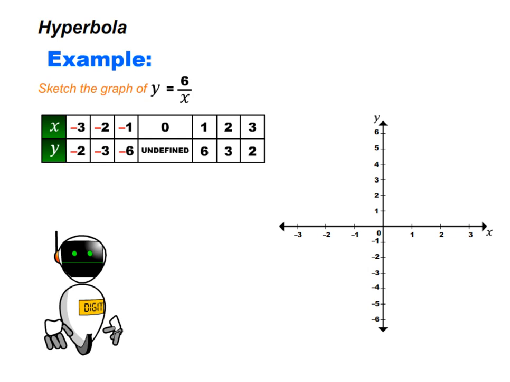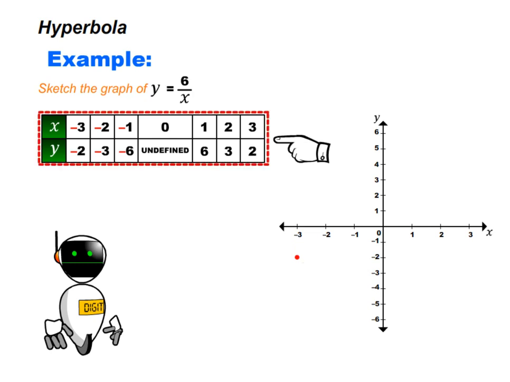On a Cartesian plane, let us look for the point where x is equal to negative 3 and y is equal to negative 2 meet. X is equal to negative 3 is here. Y is equal to negative 2 is here. They meet here. Let us put a dot where they meet.